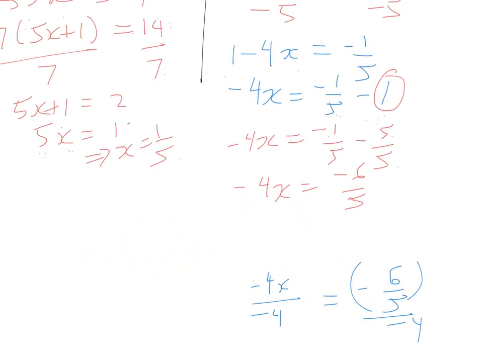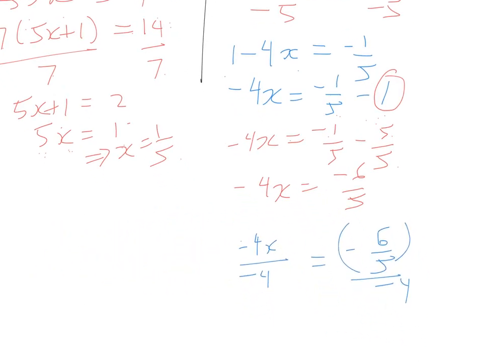From there, negative 4 divided by negative 4 gives us 1, so we're just left with x. And now negative 6 over 5 divided by negative 4, negative divided by negative gives us positive, so it's 6 over 20, and that'll simplify to 3 over 10. That's what we end up with.